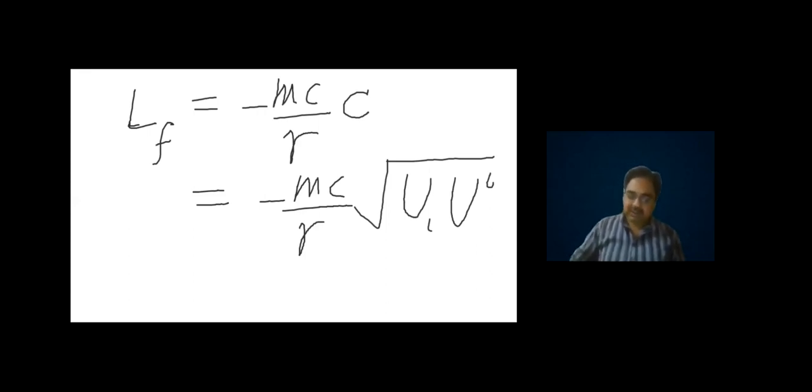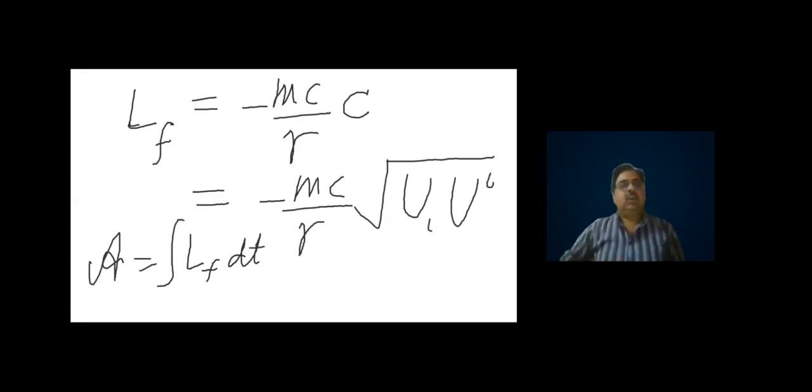And using this, if you like, you can go back to your action and write that the action is equal to L_f dt, right? So I will now advise you to write the whole action in the manifestly covariant form using this expression.